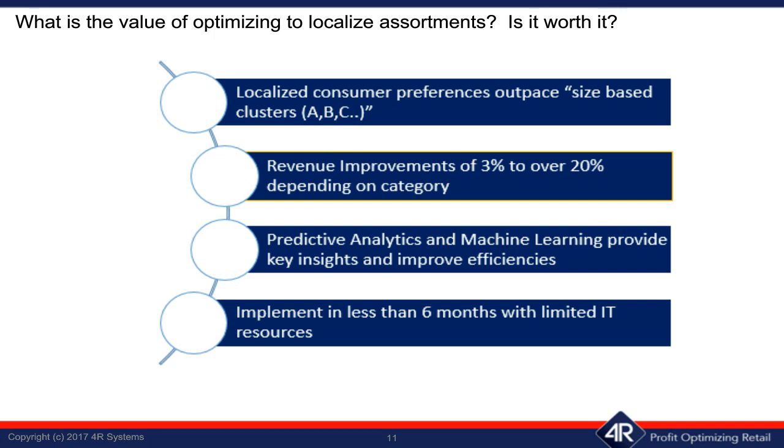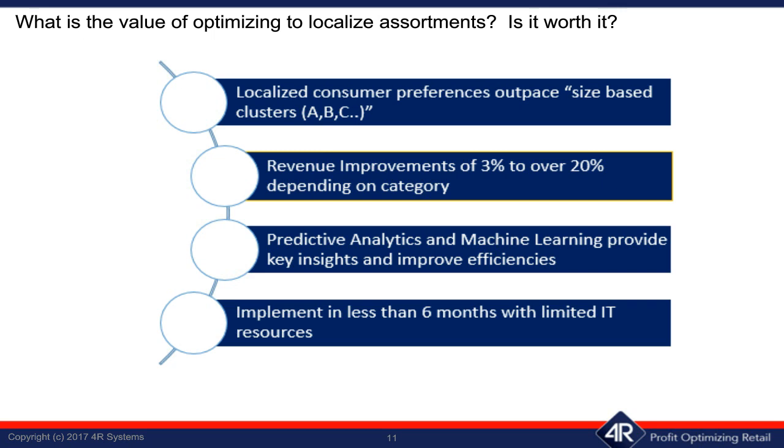Most size-based clusters are based off of a category management schedule that is time-based. The reality of doing localized assortments is that as you find customer preference shifts, you can adjust and do it in real time.